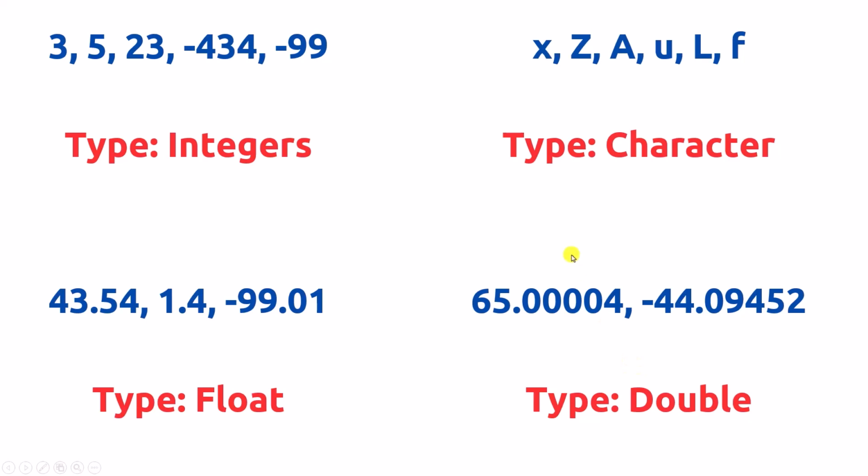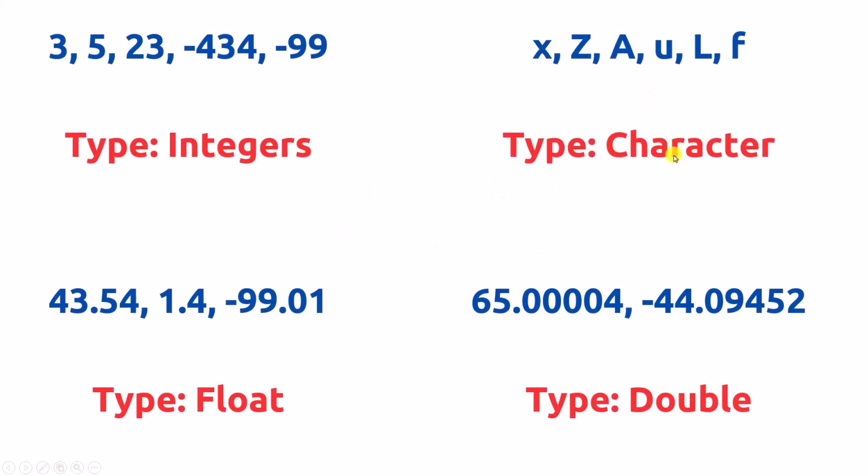Next, we have string data type, which consists of words like this: Ravi, home, India, mobile, computer, human, and so on. Together they are called strings.